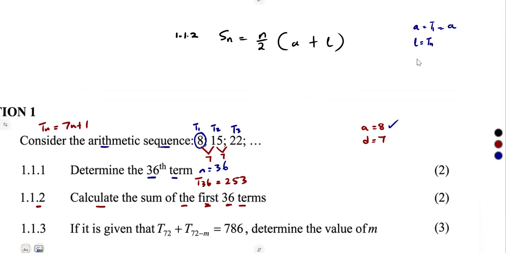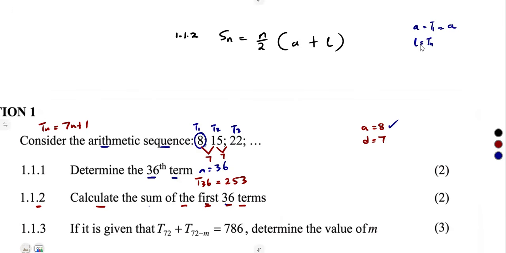Our last term will be on a condition that you're given, the sum of the first 36 terms. Remember here, what did you calculate? You calculated T36 on 1.11. We already have that one.